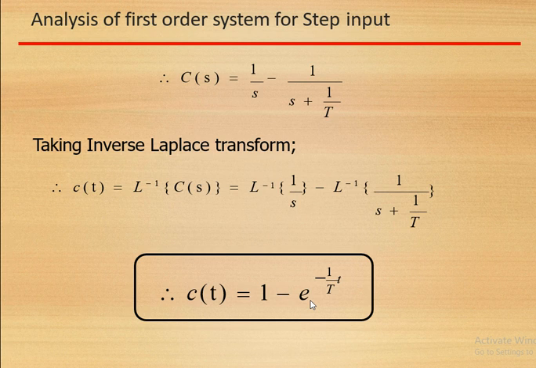Now we have to put in the values of t here and find the behavior of our system, and by this the picture will be very clear to you, how the system behaves for the step input when it is a first order system.